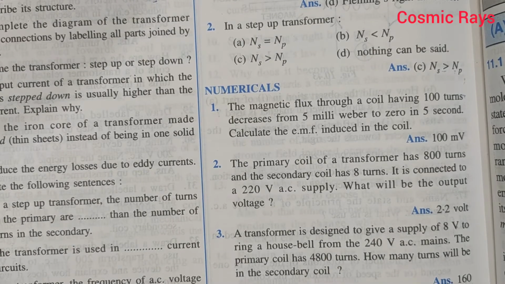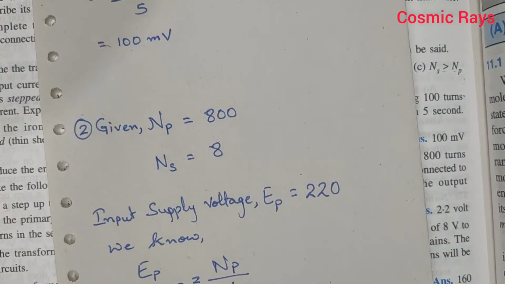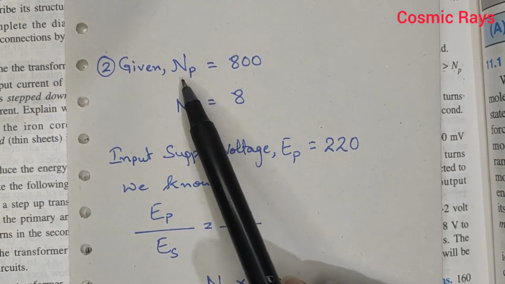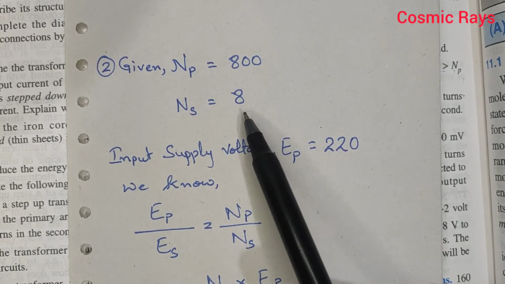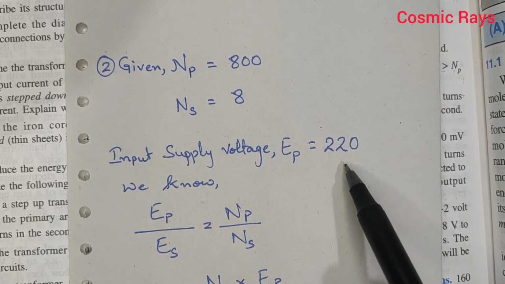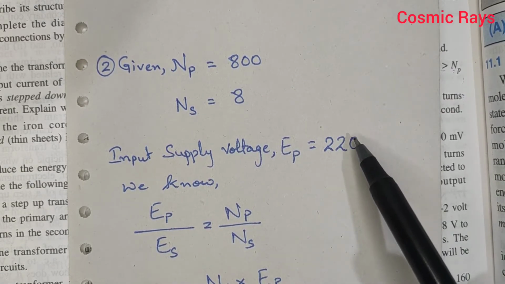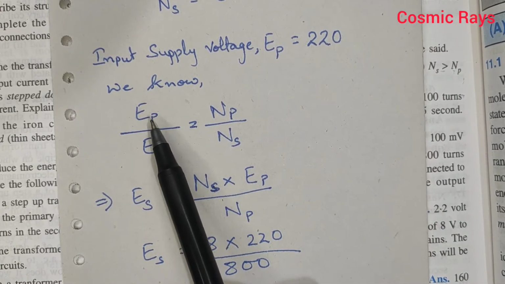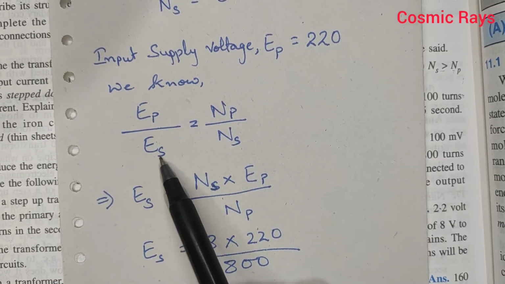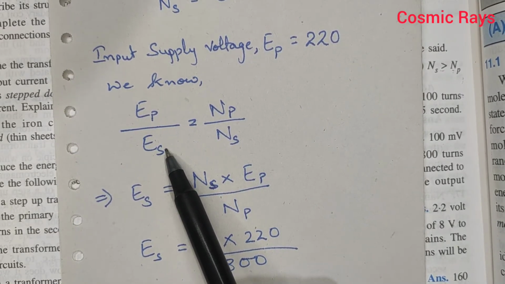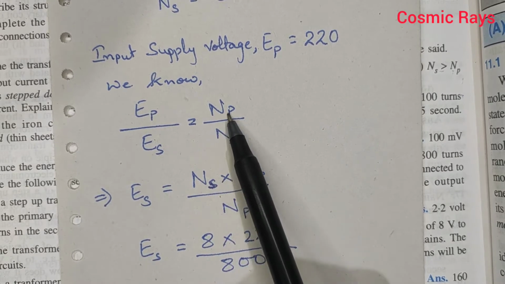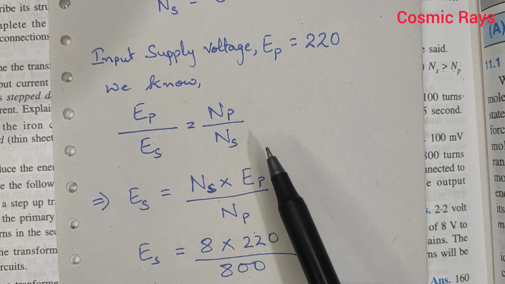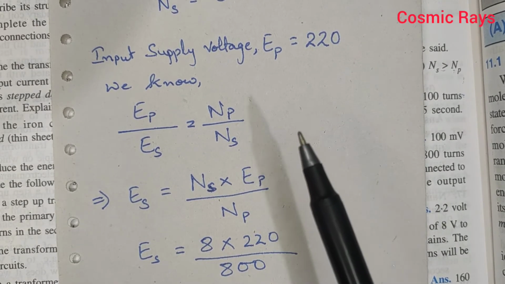So here we are just going to use the ratio formula. So for number 2 we have written the given things. NP is equal to 800, NS is equal to 8, input supply voltage EP is 220. These informations are provided to us in the question itself. So we know that the input voltage divided by output voltage is equal to number of turns at the primary divided by number of turns at the secondary of the transformer.